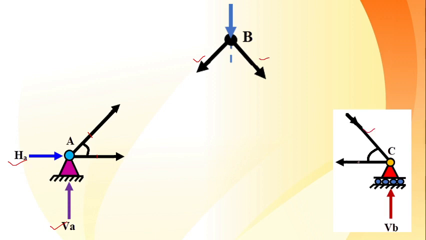So all the joints have only two unknowns. Here two unknowns and two unknowns. So here I can start with any joint. Take joint A, joint B or joint C. Is it okay? Applying sigma Fx and sigma Fy equal to 0, you will be able to find this force as well as this force. So everywhere it is very clear that it is forming a concurrent force system.